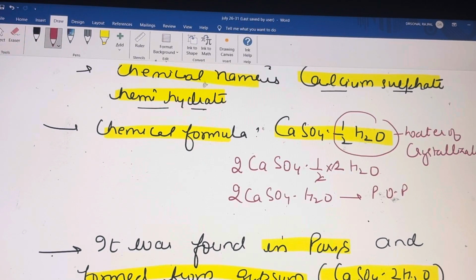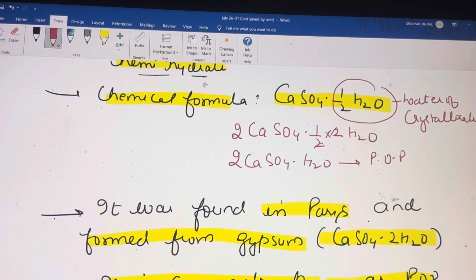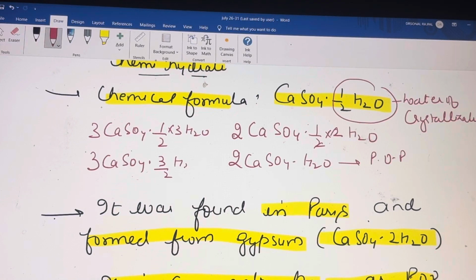If you want to write it another way, you can multiply with 3: 3 CaSO4, and then you multiply the half water of crystallization with 3 as well. So the formula of this POP is 3 CaSO4, 3 by 2 water of crystallization.